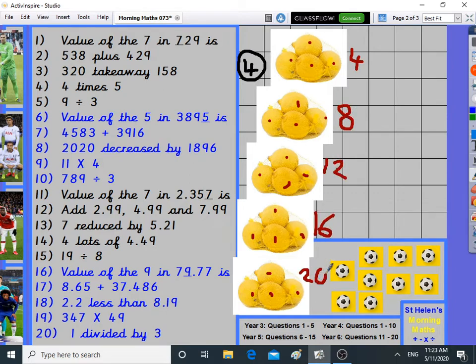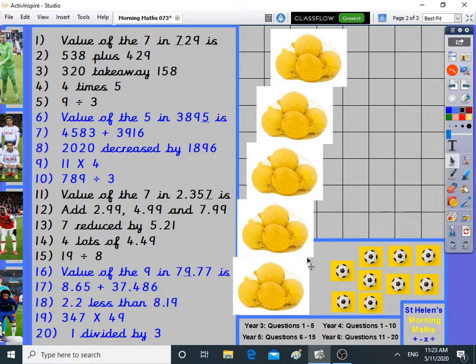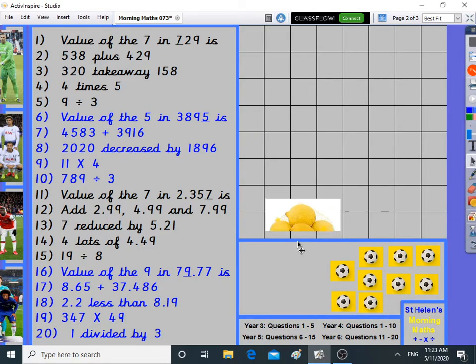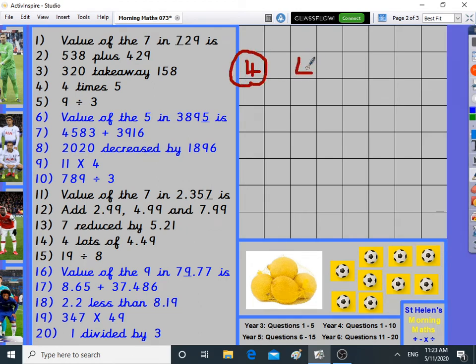So the answer is 20, whatever we do. 4 lemons in a pack, and you've got 5 packs, you would have 20 lemons. So let me write down the question for number 4. 4 times 5 is 20. And we're on to question 5.